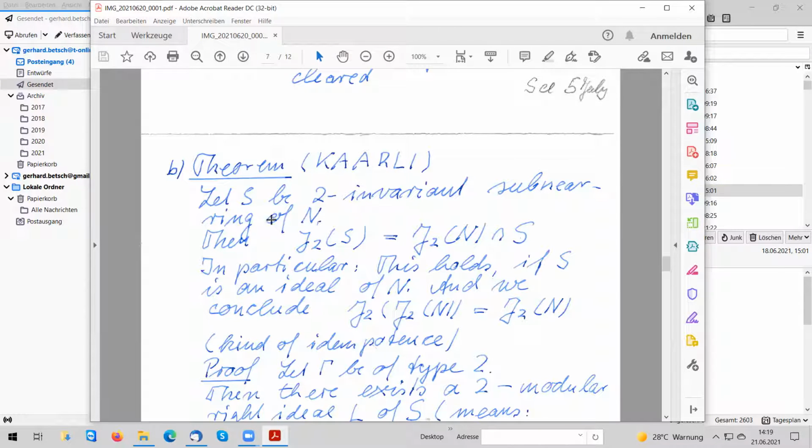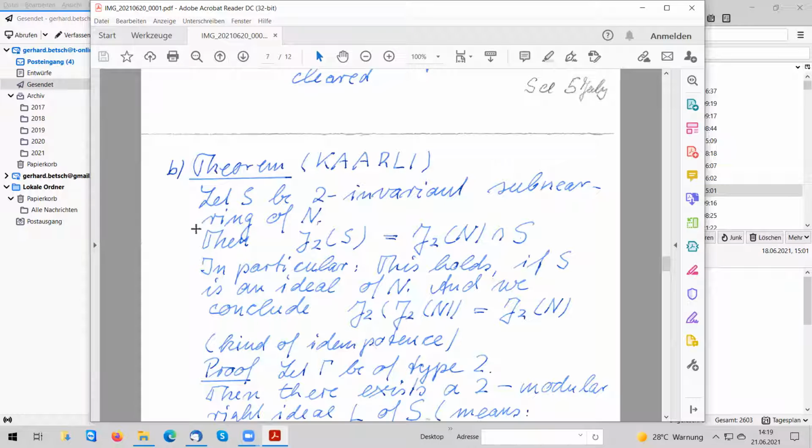Then J2 of S is J2 of N intersected with S. In particular, the similar theorem for S a ring, N a ring, and S an ideal is true.